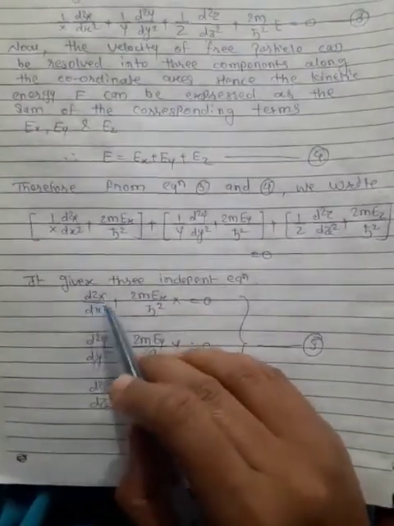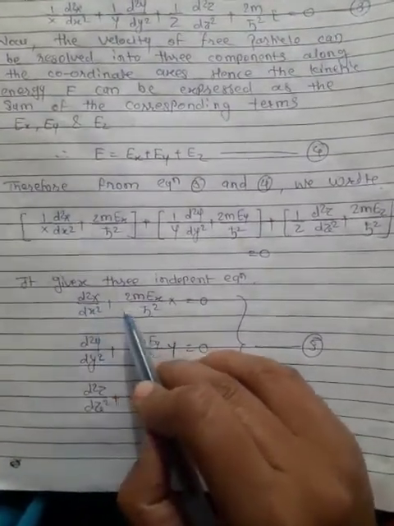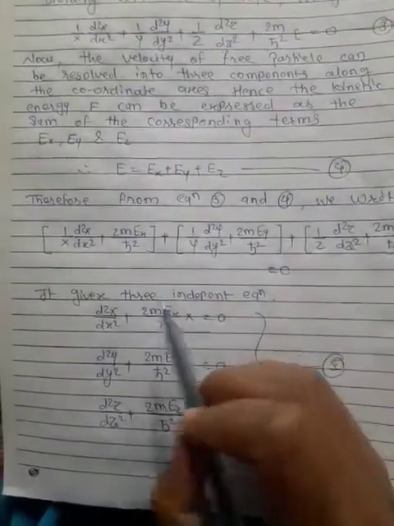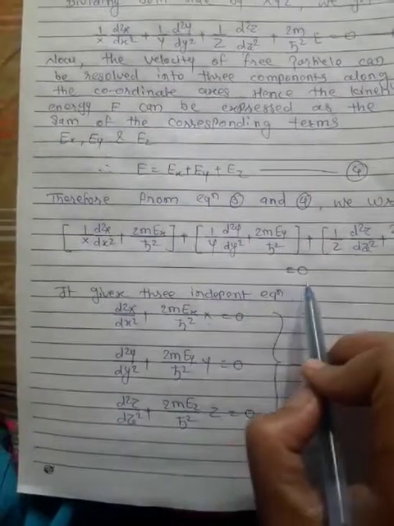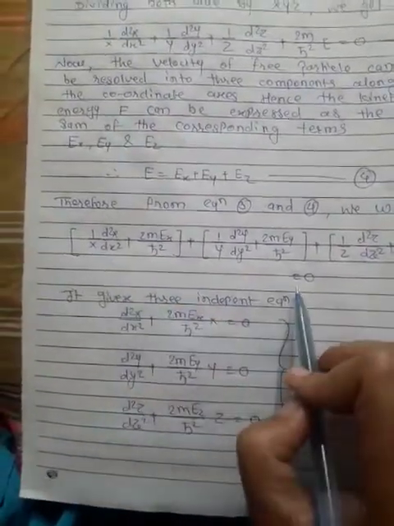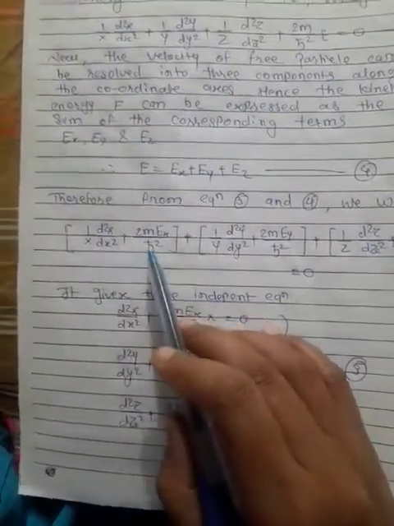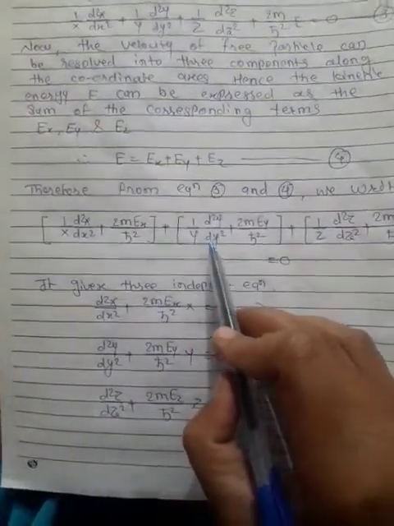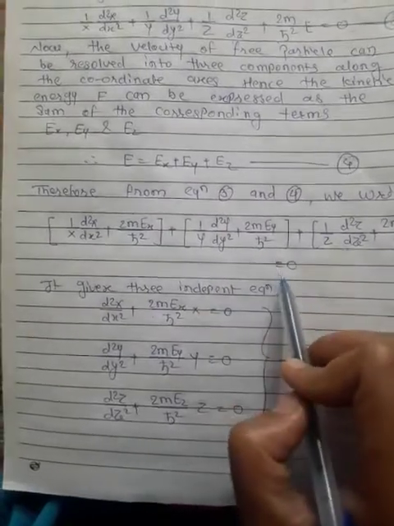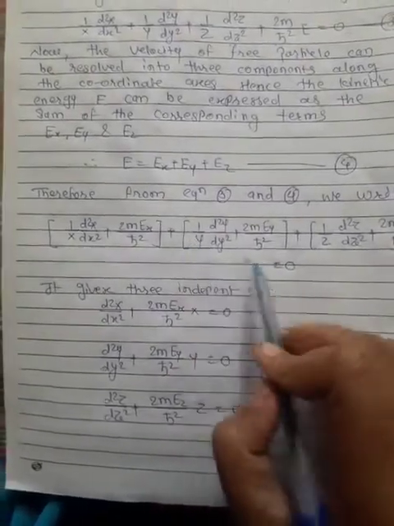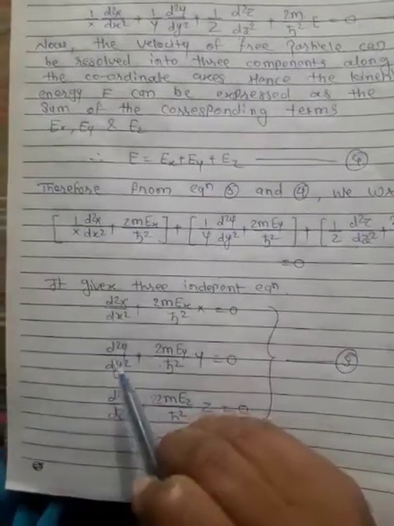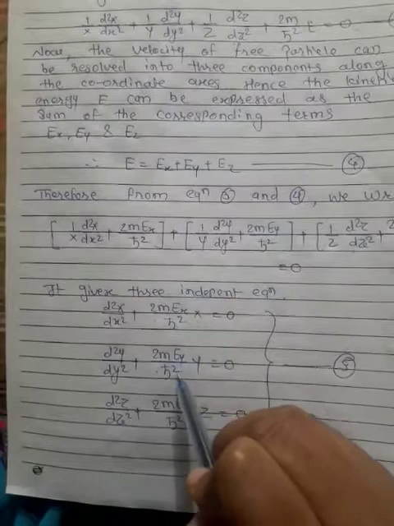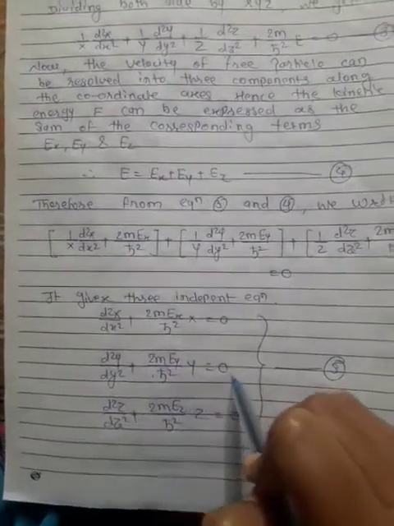These can be written as d²X/dx² + (2mEx/ħ²)X = 0. If we equate this term to 0 and multiply by X, we get this equation. Similarly, if we equate the second term to 0 and multiply by Y, we get d²Y/dy² + (2mEy/ħ²)Y = 0.